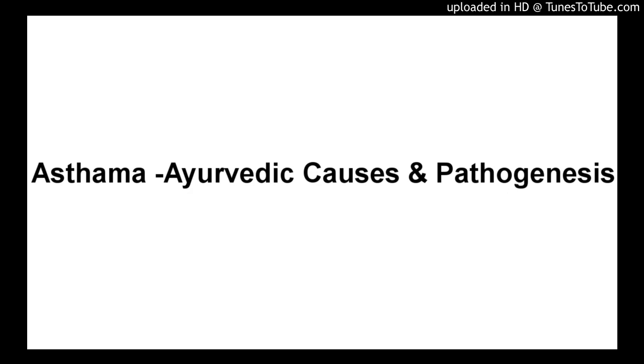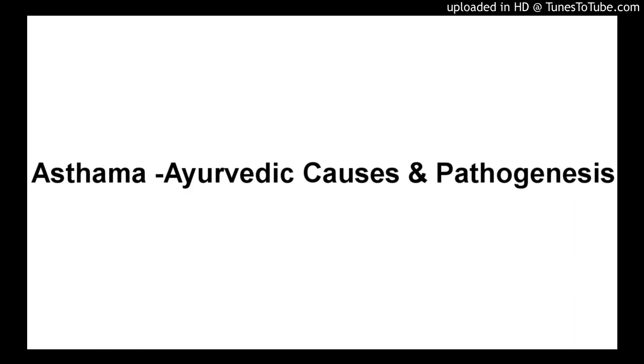Okay. The next cause mentioned is Shleshmalanam cha sevanat. Shleshma is kapha, the bioenergy. So Ayurveda says the foodstuff or the activity which can disturb the kapha bioenergy are the causes of asthma.